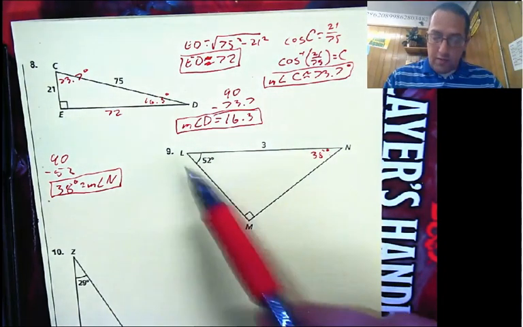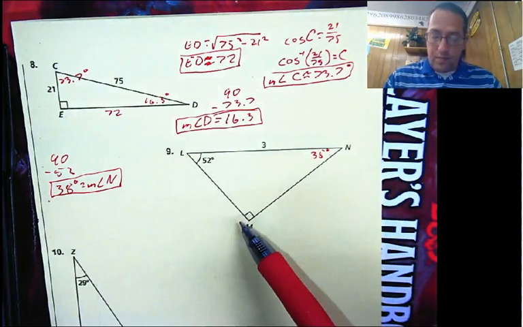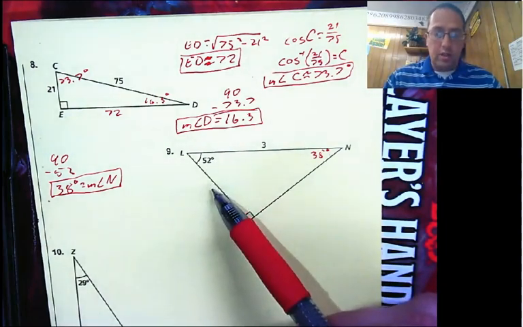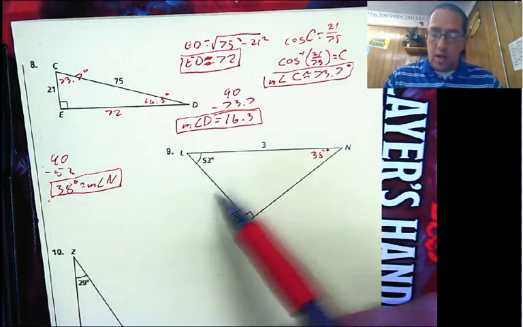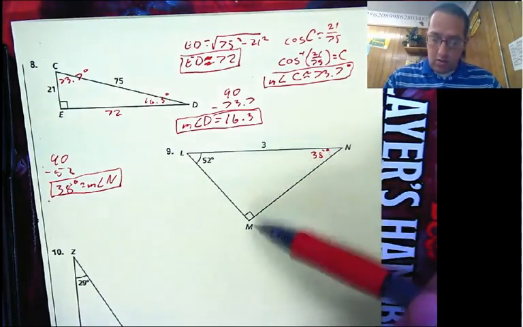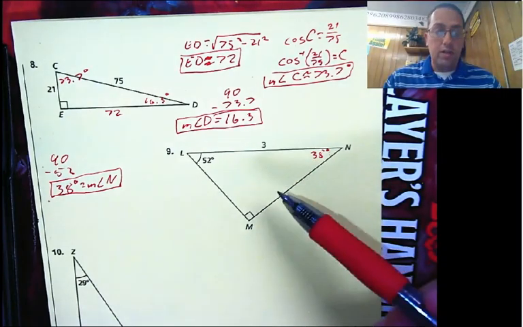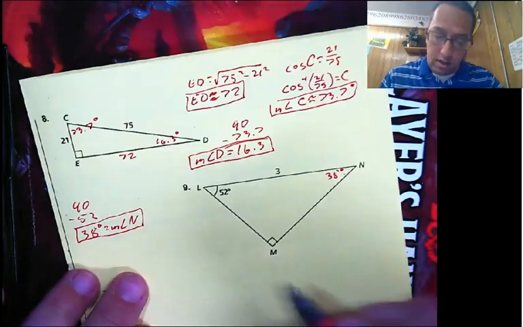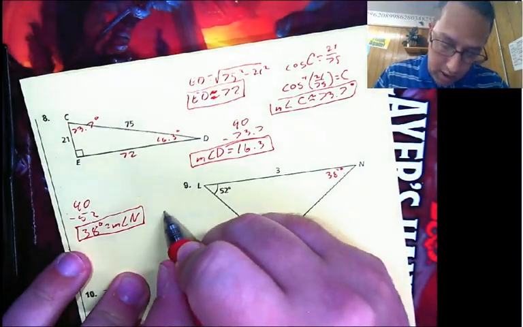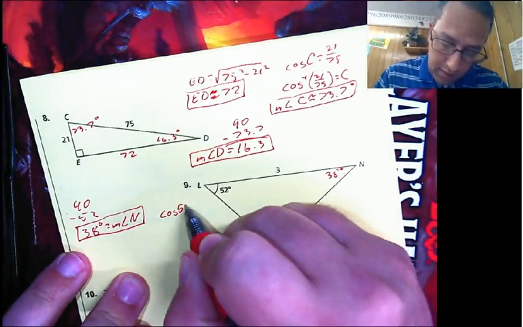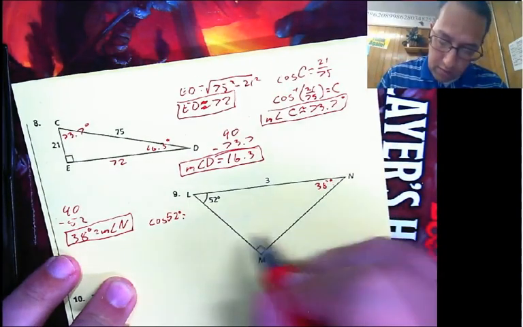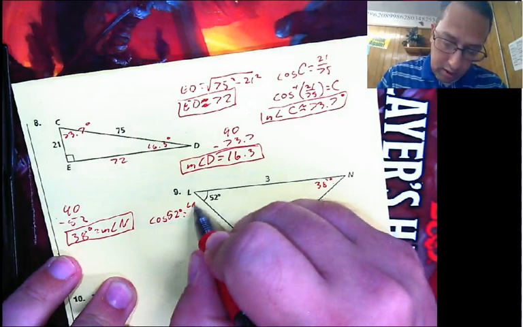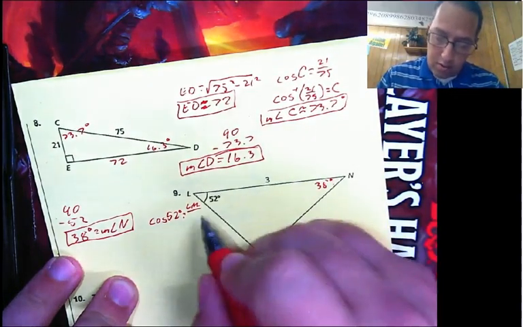If I'm looking for LM, LM would be adjacent to my 52. And 3, the one I know, is across from the right angle, so that's the hypotenuse. We have adjacent and hypotenuse, that is cosine. So we have the cosine of 52 degrees equals adjacent, which I don't know, LM, over hypotenuse, which is 3.